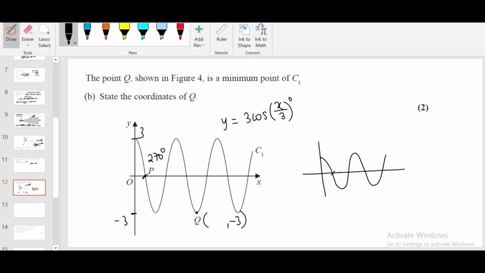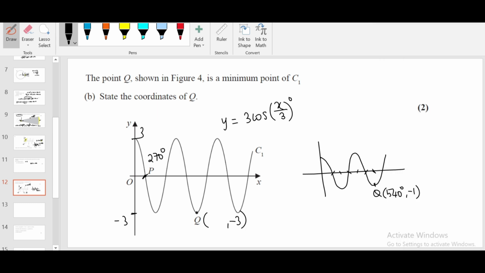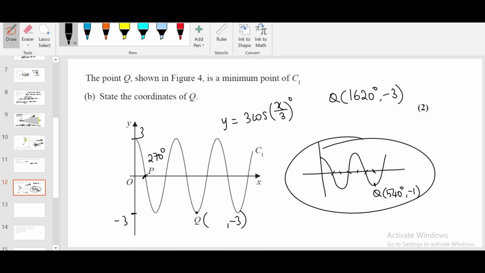This would be 90, 180, 270, 360, 450, 540. This point is 540, negative. So when you multiply 540 by 3, 540 times 3 is 1620. So the coordinates of the point are 1620 degrees, negative 3. That's all. You don't need to write anything else. But always compare with the basic cosine graph and find out.